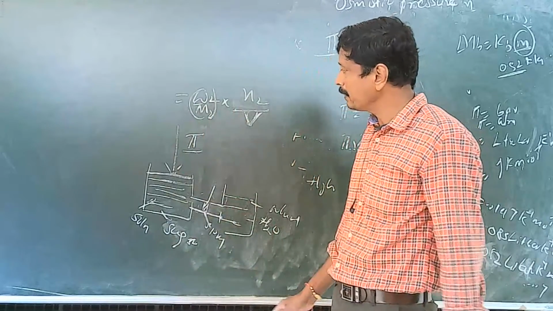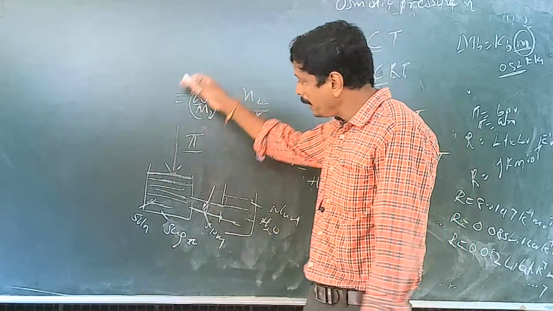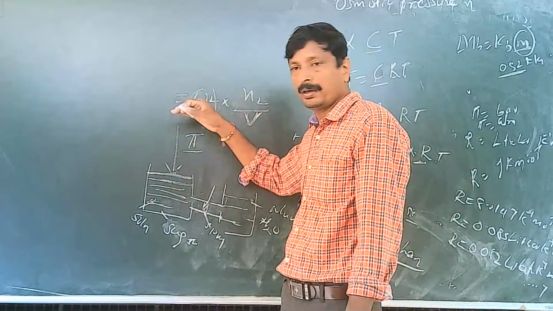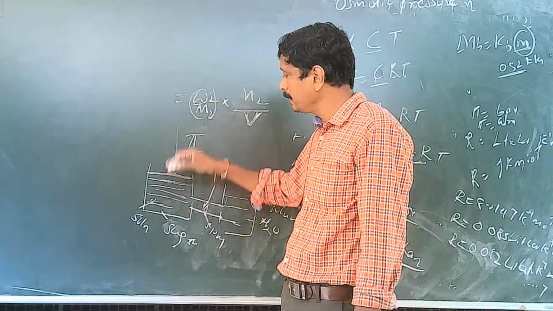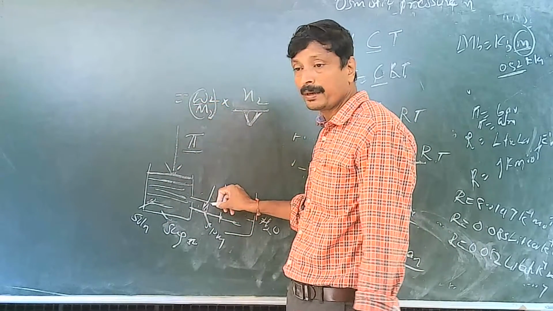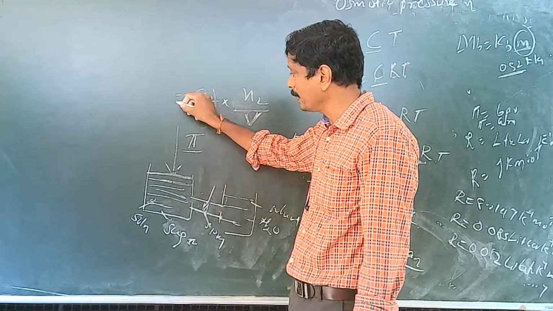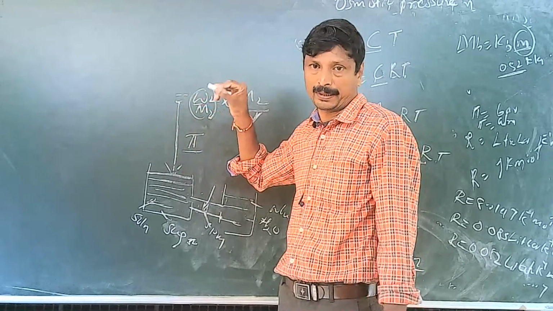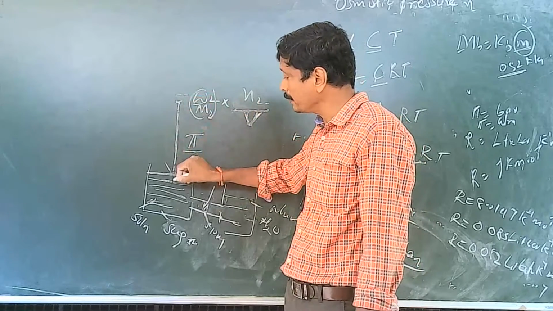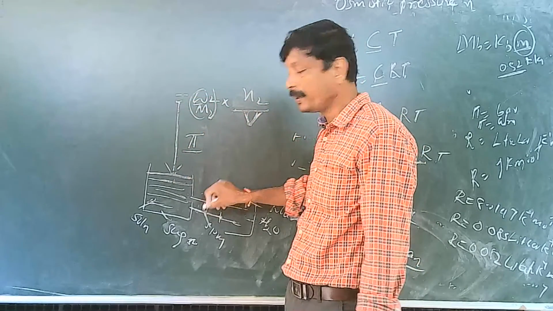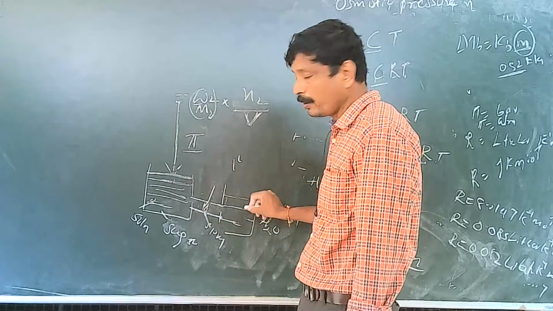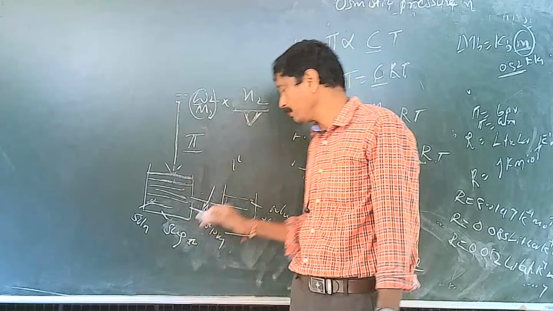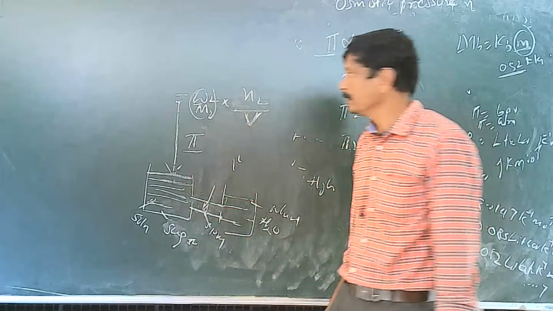How do you define osmotic pressure? The external pressure applied on the solution side to just stop the osmosis, that is, the flow of solvent particles from the region of lower concentration to higher concentration.